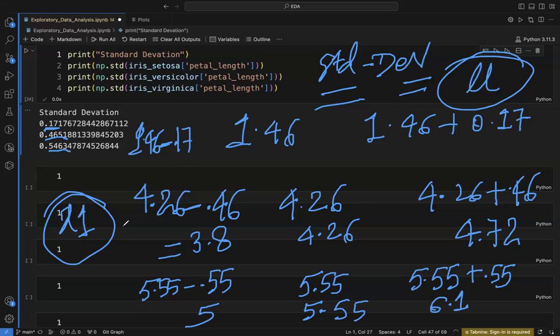These things, standard deviation, variance, and mean, all three get corrupted by one extreme outlier.